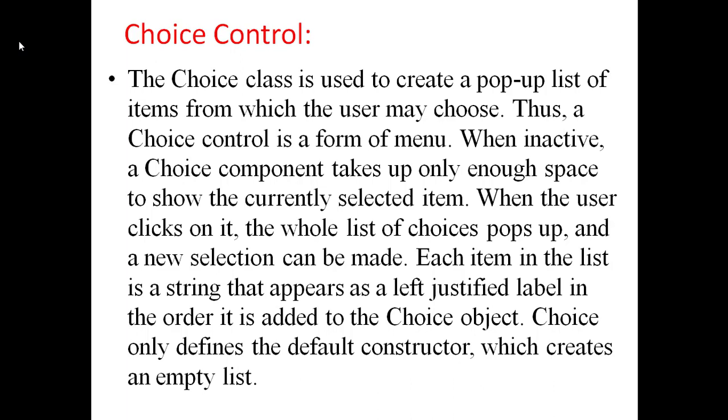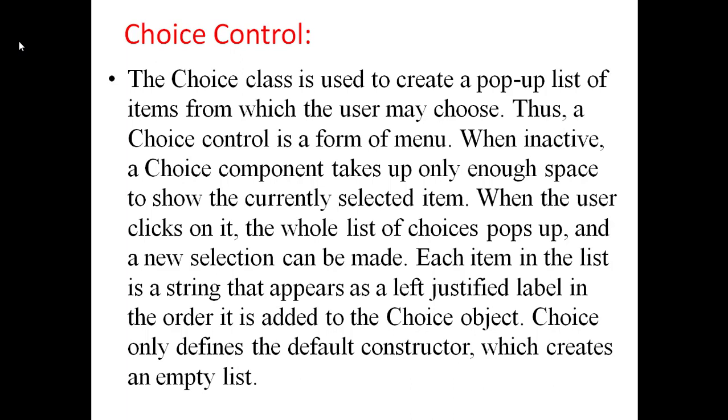Then we click on that control and a pop-up list is opened, and that design is done by using the choice control, and from that we choose one of the value items.